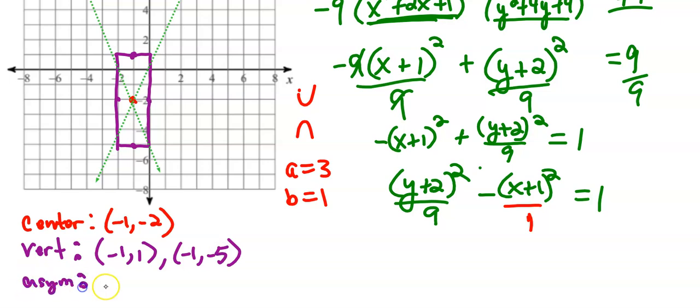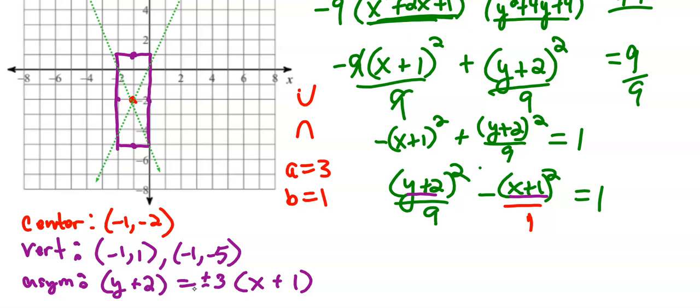The asymptote equations are going to be y minus something equals the slope times x minus something. The center we said was at -1, -2, so this can become +2, and this is +1. Should be just like our equation over here, y plus 2 and x plus 1. And the slope is going to be rising 3 and running 1, and we're going to put a plus or minus in front of it for both equations.